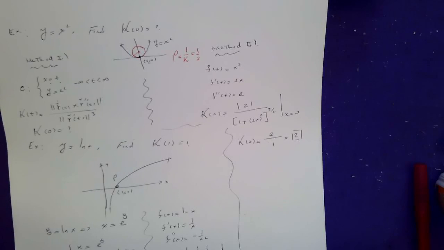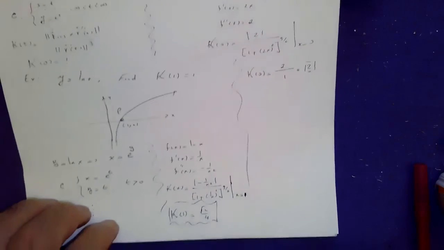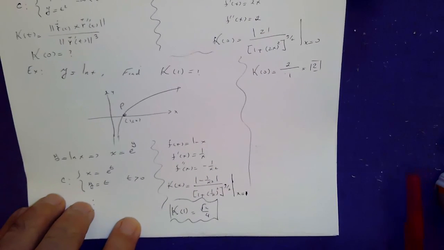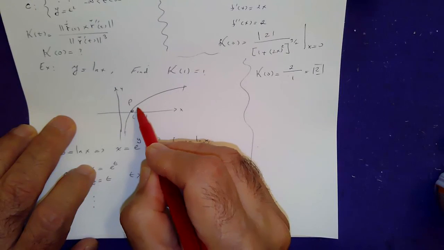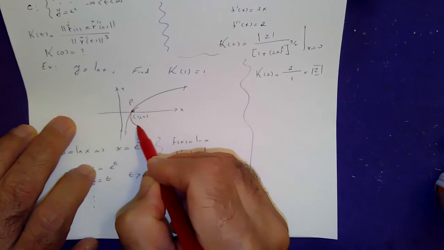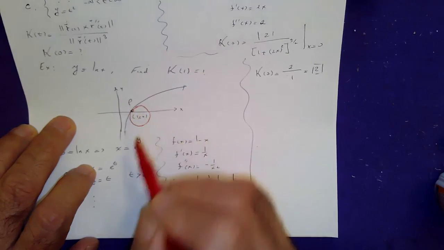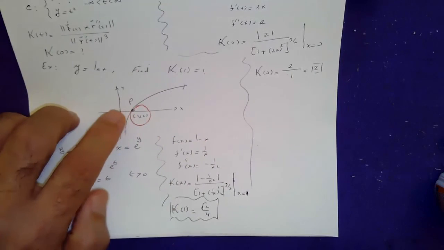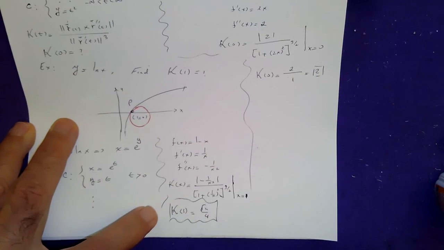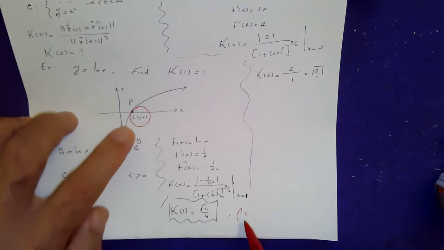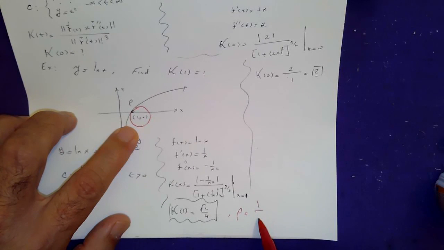So there you have it. Once again, the question is, how much bend do I have? What you do is draw an osculating circle here, such that it will be tangent to the curve at that specific point where you're trying to find the amount of bend. And remember, the radius of the osculating circle is the reciprocal of the curvature, correct?